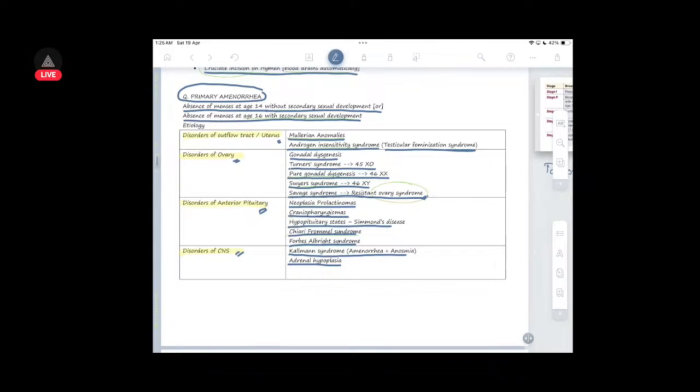Then you have neoplasia, prolactinomas, craniopharyngiomas, pituitary states, which is Simmonds disease, Chiari-Frommel syndrome, and Forbes-Albright syndrome, Kallmann syndrome, adrenal hypoplasia.